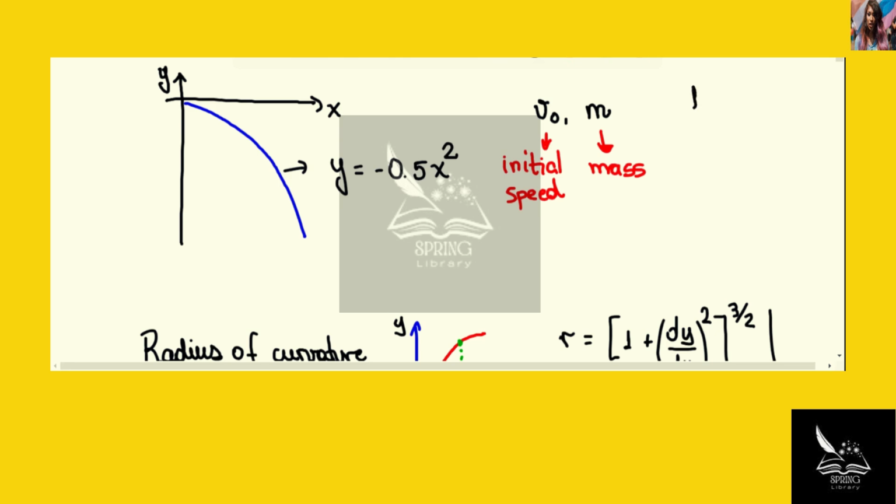So our goal is to find first what is the speed v of the box as a function of x, and then we have to find what is the normal force that the surface of the parabola exerts on the box, and also the tangential acceleration.